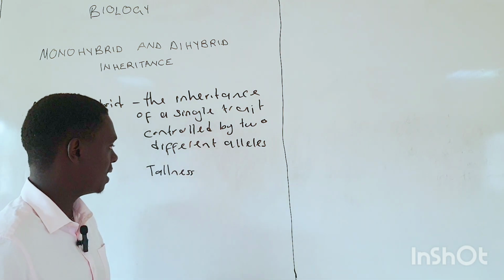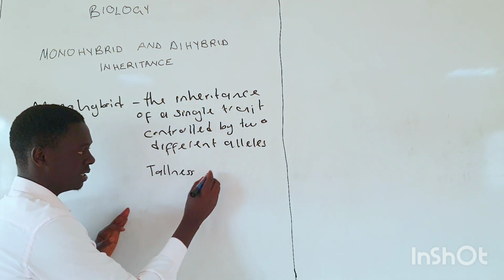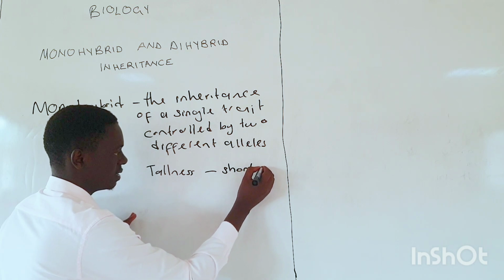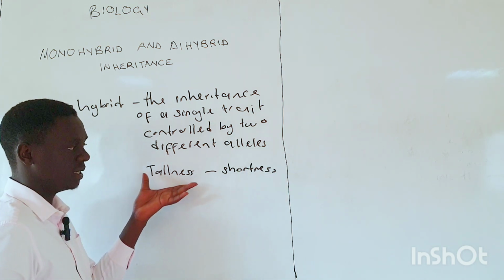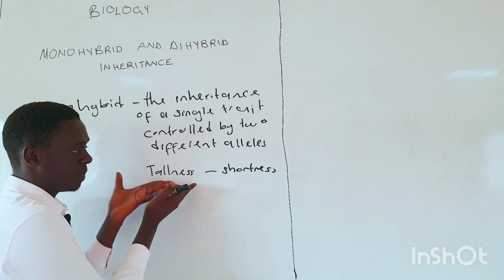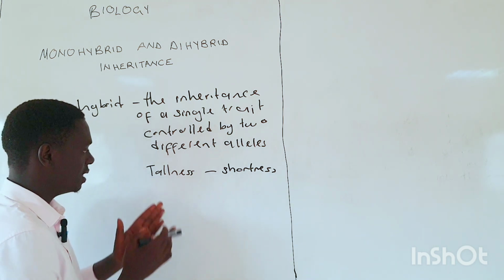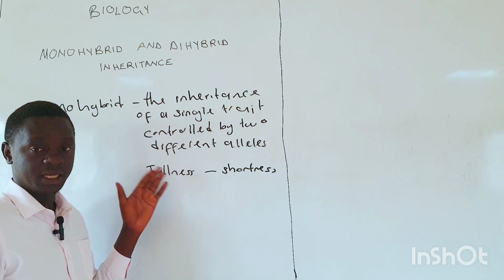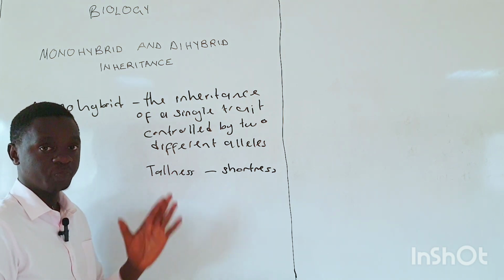Take an example that we have tallness and shortness. This is a single trait. In other words, it is a characteristic of height in an organism, but there is tallness and shortness. Someone can be short or tall, but this is all about height.